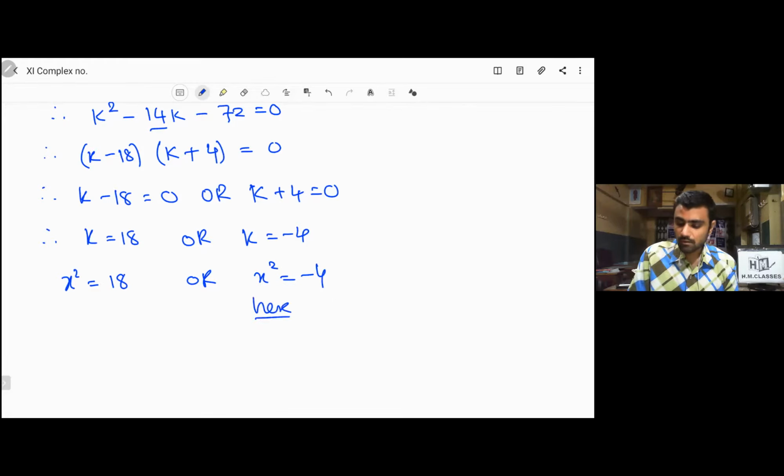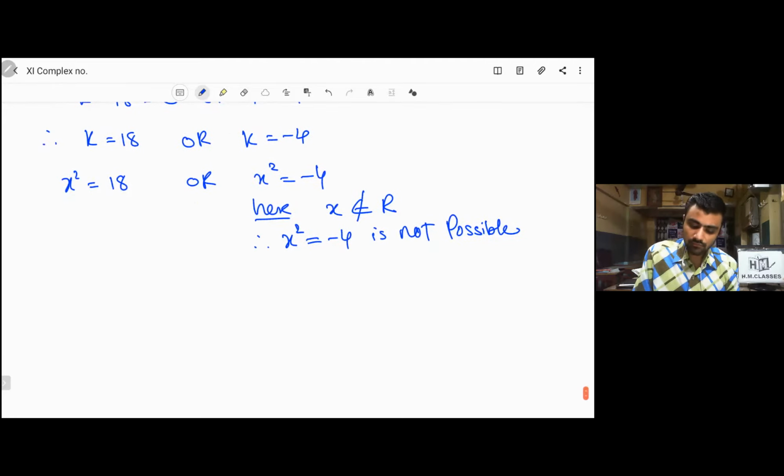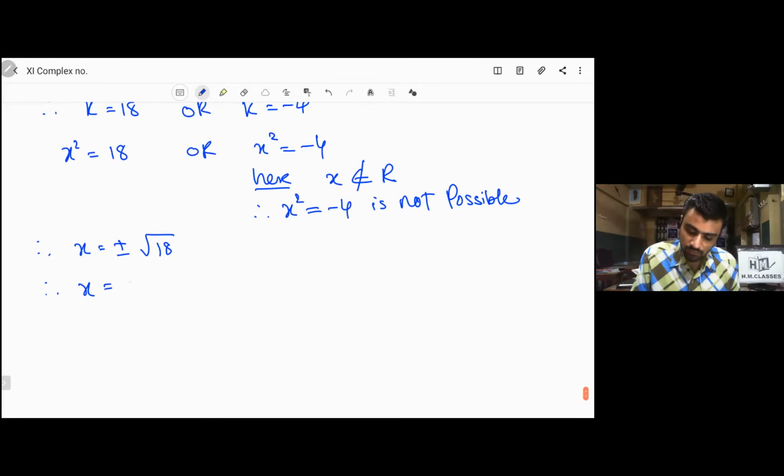Here x not belonging to real number, therefore x square is equals to minus 4 is not possible, therefore that is to be rejected, and therefore x is equals to plus or minus root 18, and that plus or minus root 18 we can further consider as x is equals to plus or minus 9 2s, जिसमें कि 9 का perfect square निकल जाएगा, that is 3 and root 2 as it is.